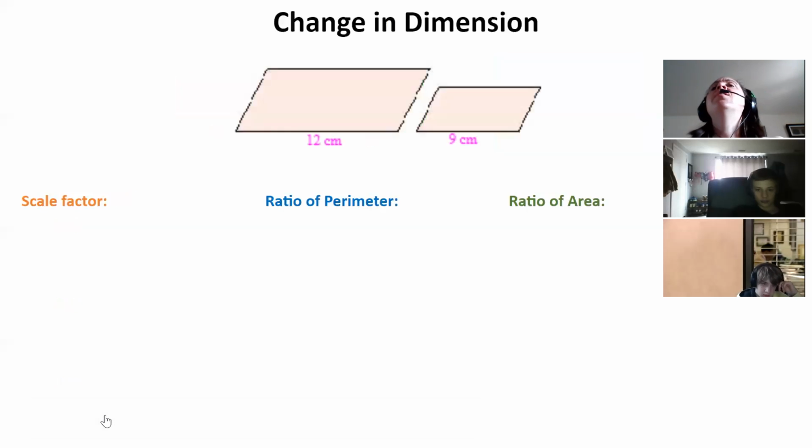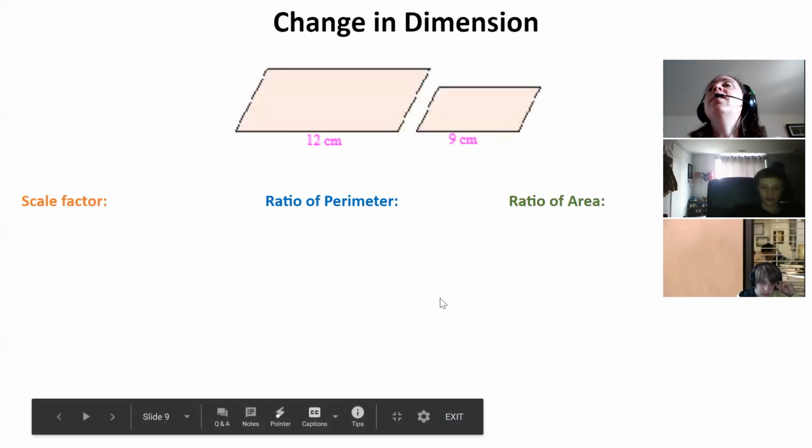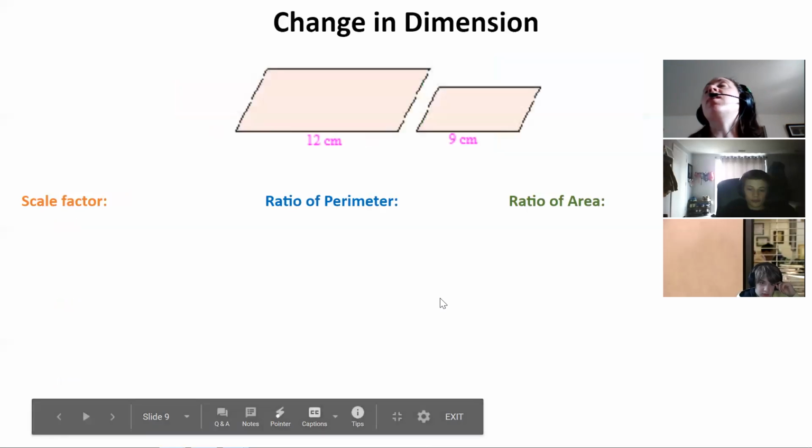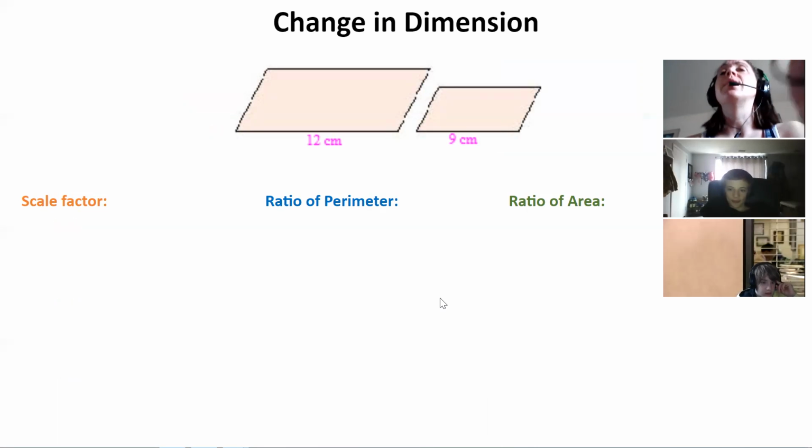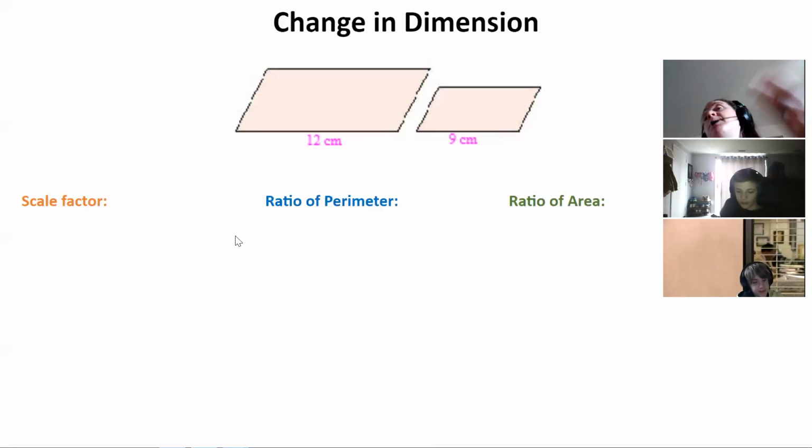Okay, so when we have different figures, like when architects are out there, or when you're trying to build a scale model of something, it's very important to figure out your scale factor. You guys talked about scale factor and learned about it that one week that school got kind of canceled. So it might be something that doesn't make a lot of sense.